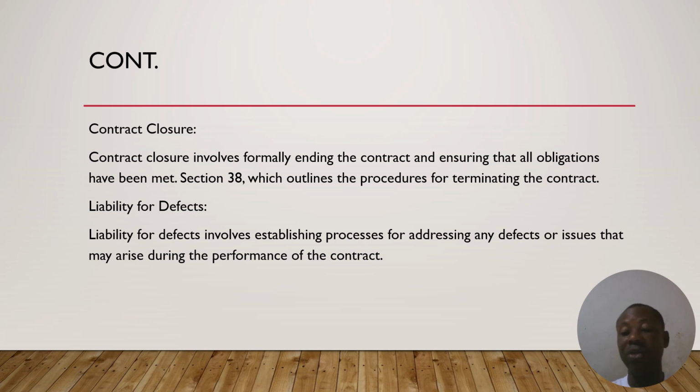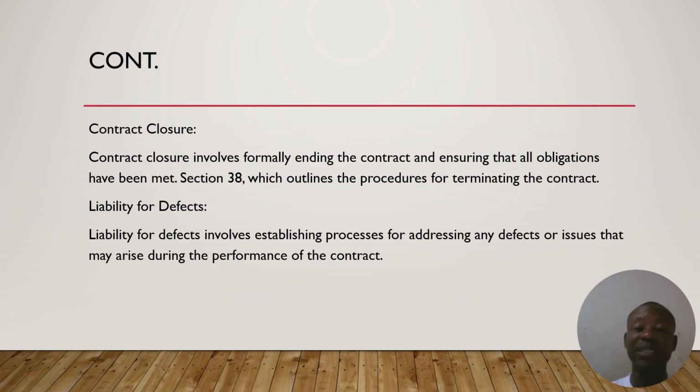Yes, we don't just leave the contract because it is finished and we are satisfied. No, we need to close the contract, whereby we have realized that the contractor has worked to our satisfaction, according to the terms and conditions that we have set, and we are okay with it. Then we end the contract.